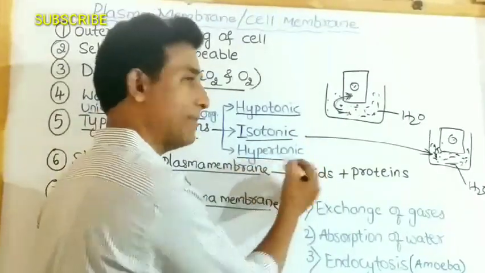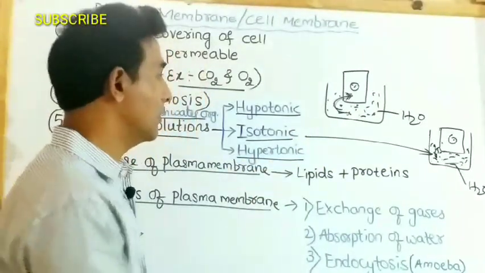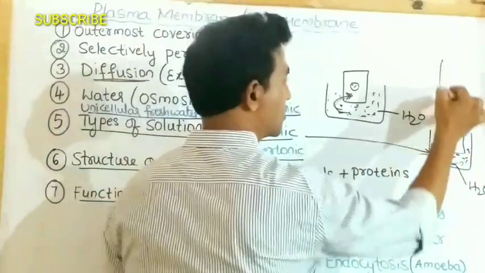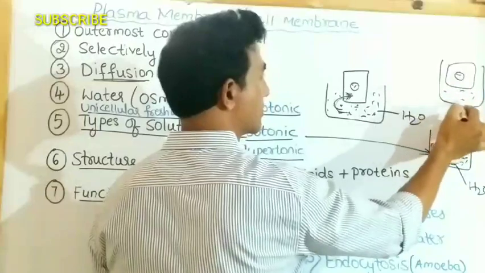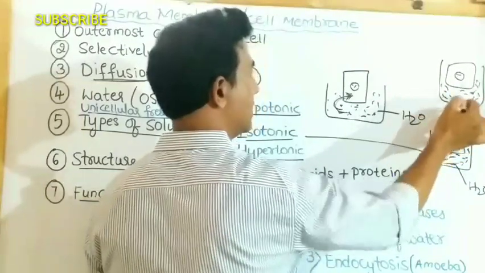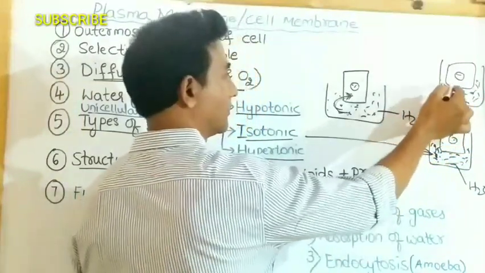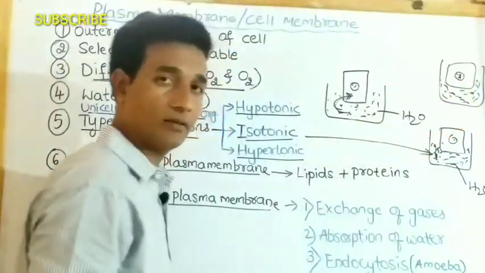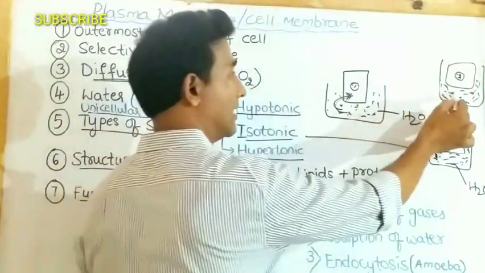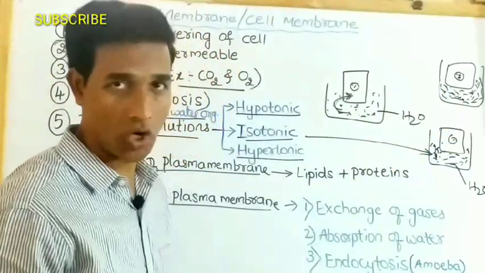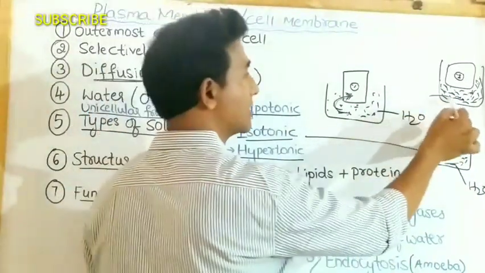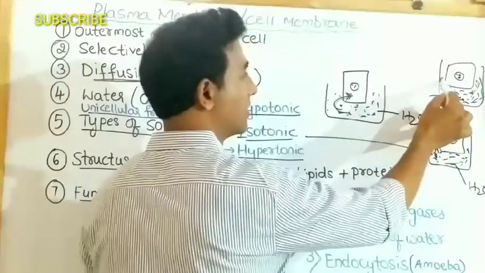And one more is hypertonic. Whenever a cell is kept in a solution containing more solutes, like sugar or salt added to this water, then it becomes a solution.